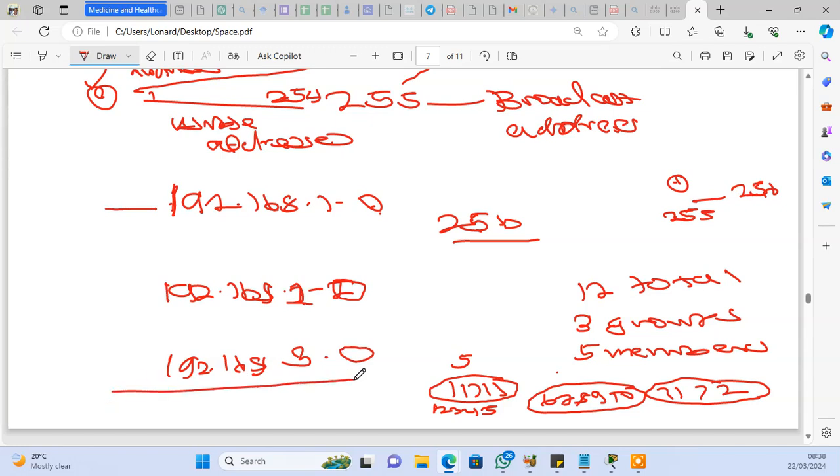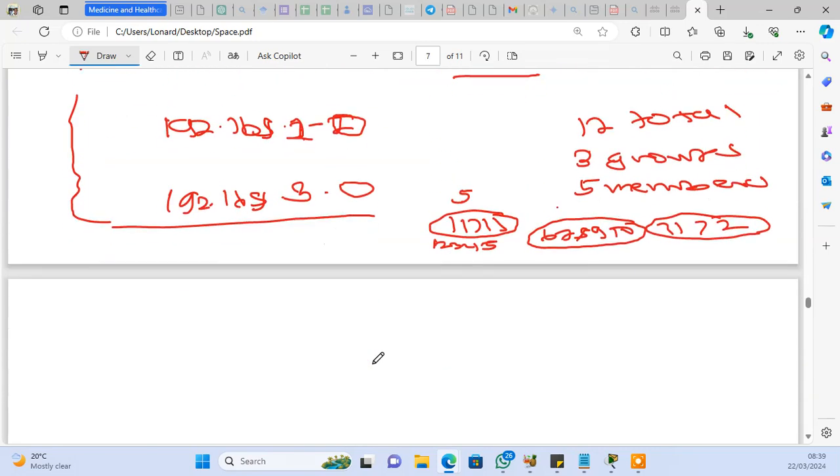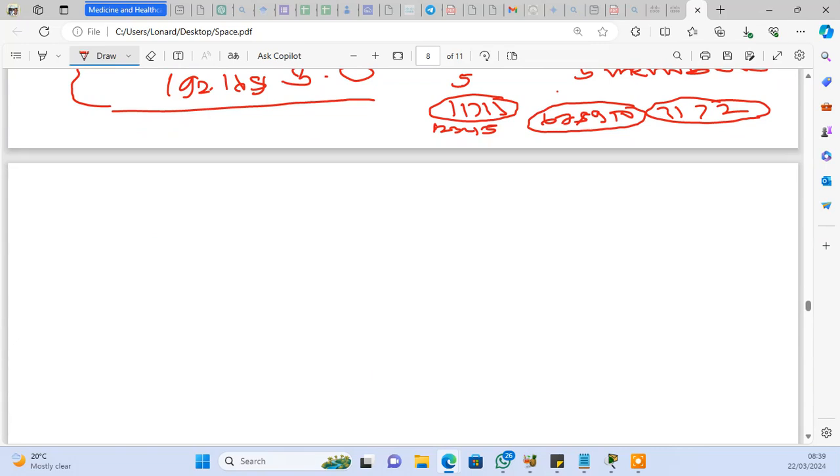I hope this example is deep enough for you to get at least a conceptual idea. So now we need the range of this, because we've stated everything, that if I have 192.168.1.0, this is a subnet. Remember I said the subnet is a network, so you can even call this network.